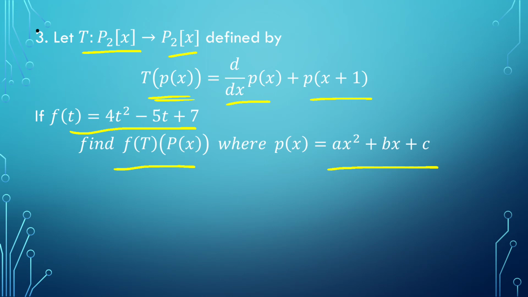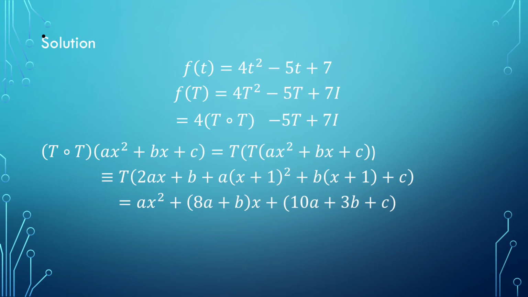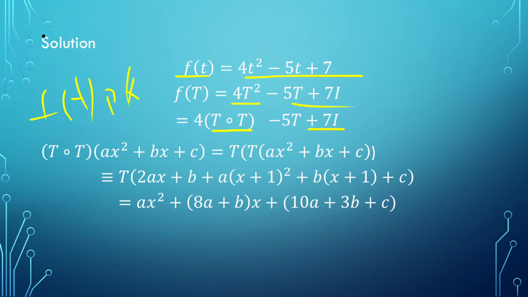So what is happening here, we are taking f(t), which generally we know, introducing the operator T. This becomes true, okay? But from what we have noted, T squared is given by T composed with T. Substitute respectively. Now our operation is having f(t) to p(x).